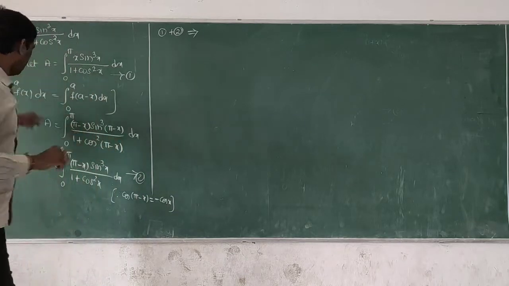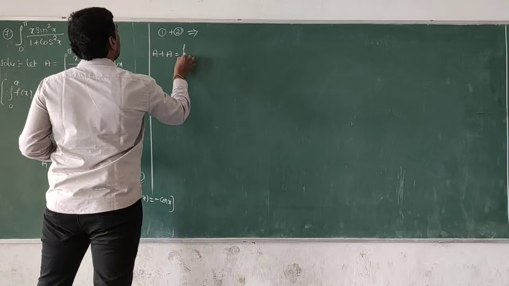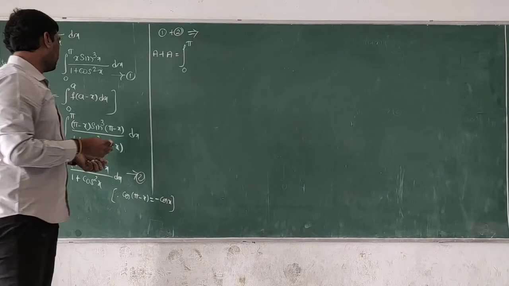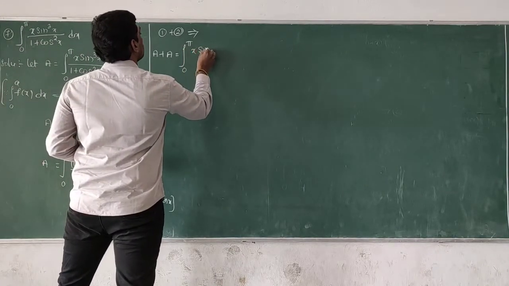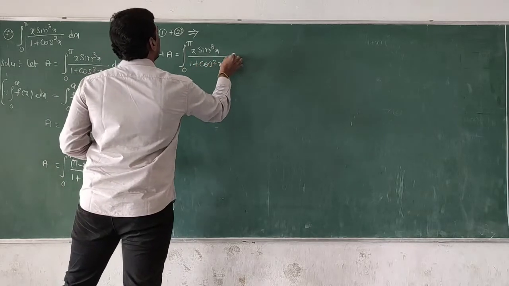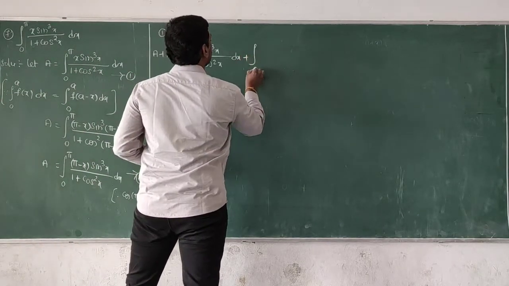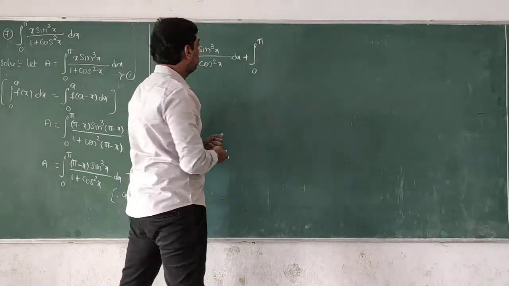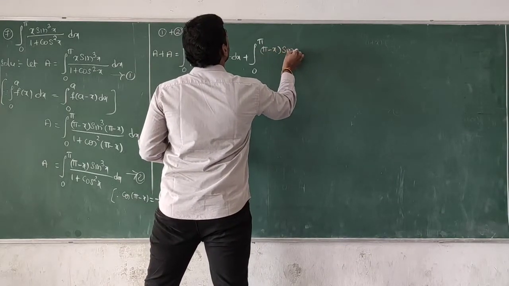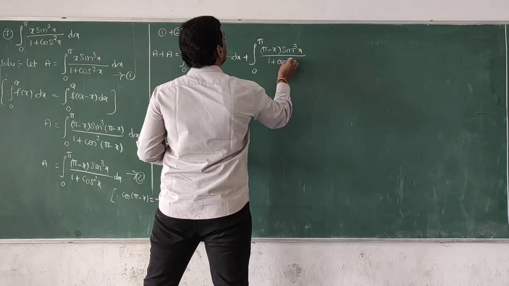Okay. LHS are A and A, so A plus A equal to integration 0 to pi x sin cube x by 1 plus cos square x dx plus integration 0 to pi pi minus x into sin cube x by 1 plus cos square x.